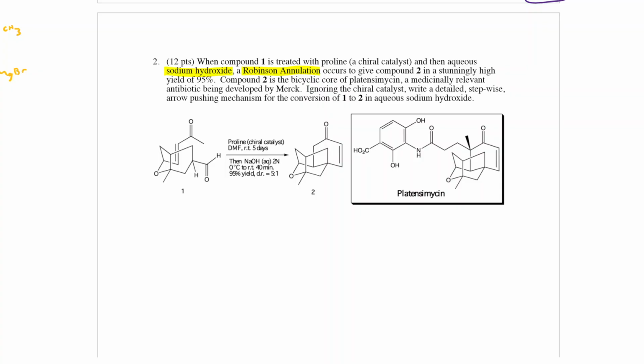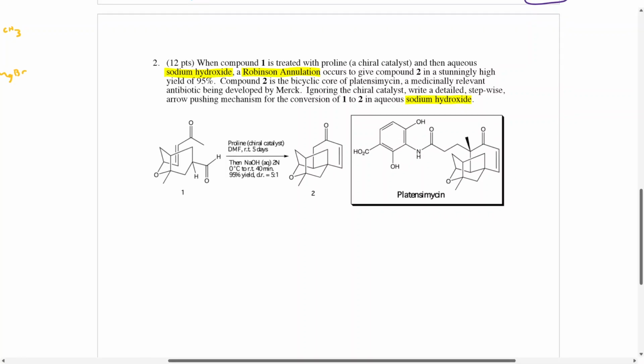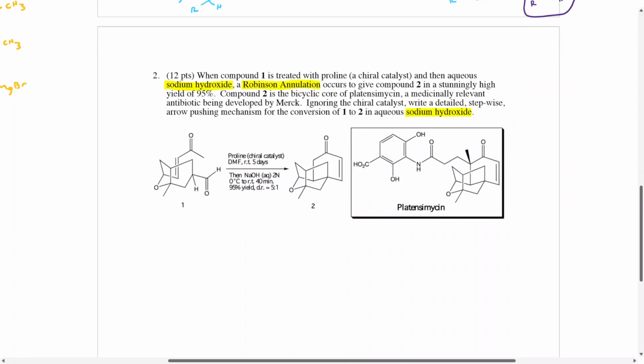Compound 2 is the core of the big molecule. Ignore the cryocatalyst. Write a detailed stepwise arrow-pushing mechanism for the conversion of 1 to 2 in aqueous sodium hydroxide. It said sodium hydroxide twice, so we're probably going to use sodium hydroxide. And it also says Robinson annulation.